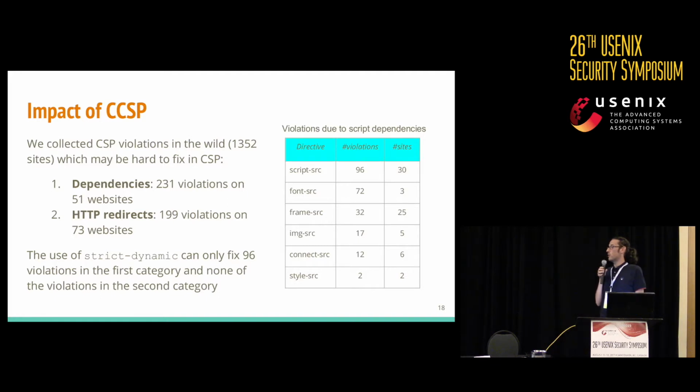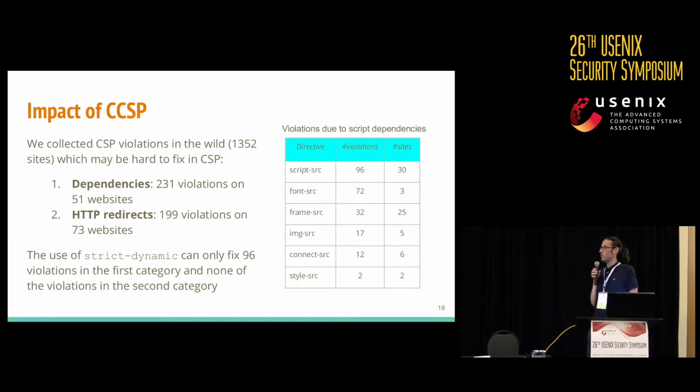We collected some evidence on the field that CCSP can be useful by analyzing CSP violations in the wild. So we built a crawler where essentially we navigate some top websites of Alexa and we collect violation of CSP policies. And we focus in particular on two classes of violation which are hard to fix in CSP.